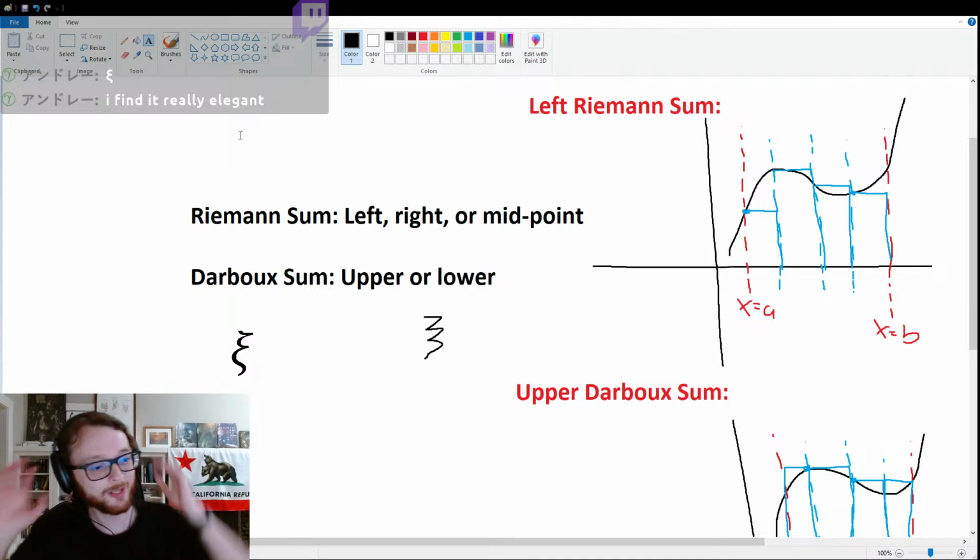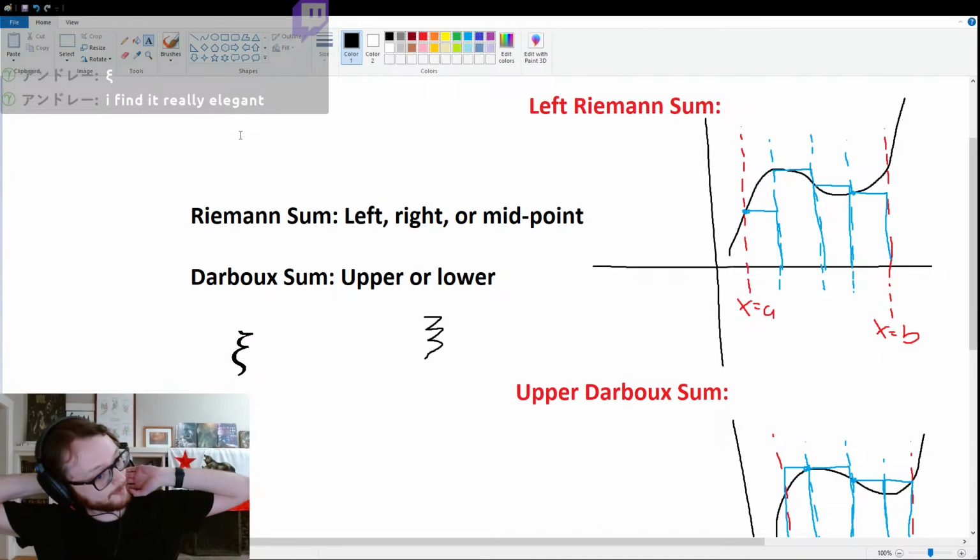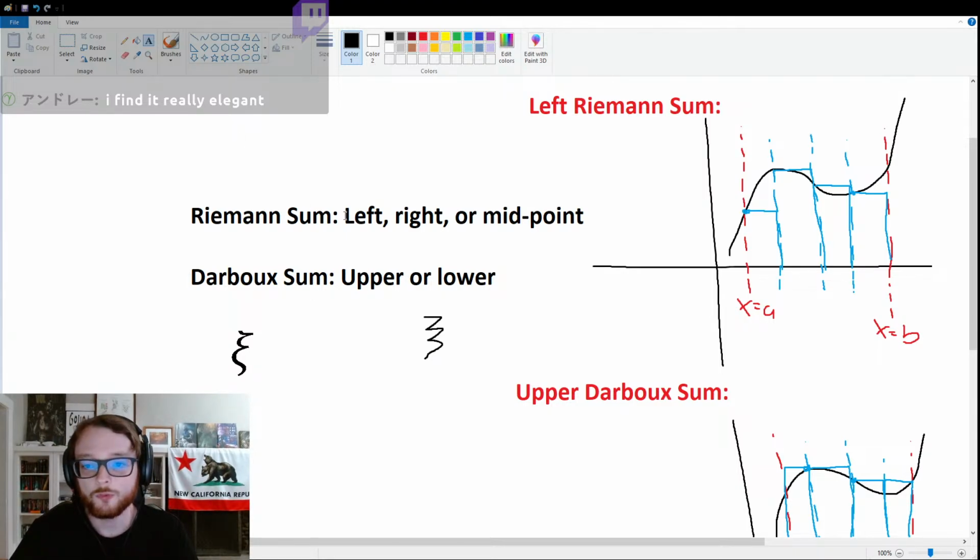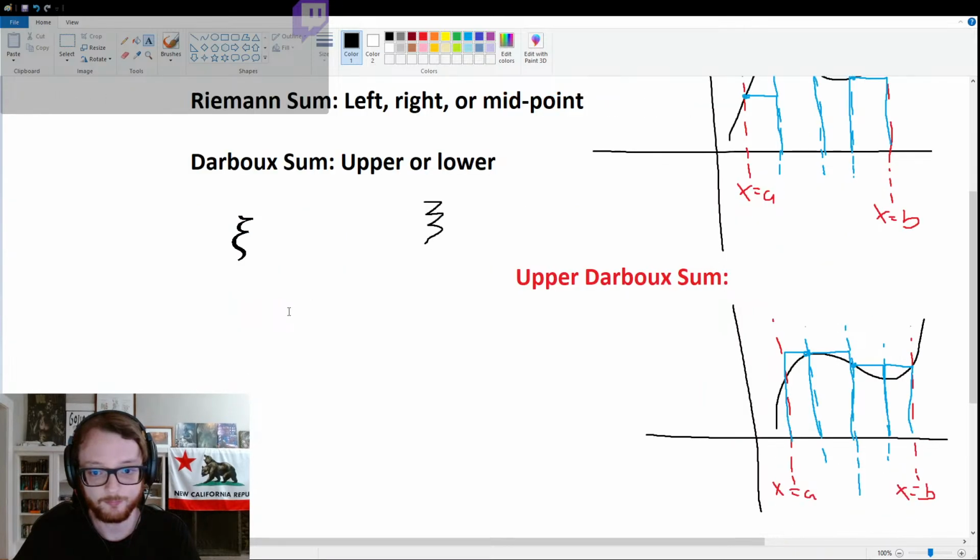What will be the formula? So the thing about a Darboux sum, it doesn't have as clean of a formula as a Riemann sum does. Off the top of my head, I guess you would write it as like, I'm trying to figure out what it'd be right now.